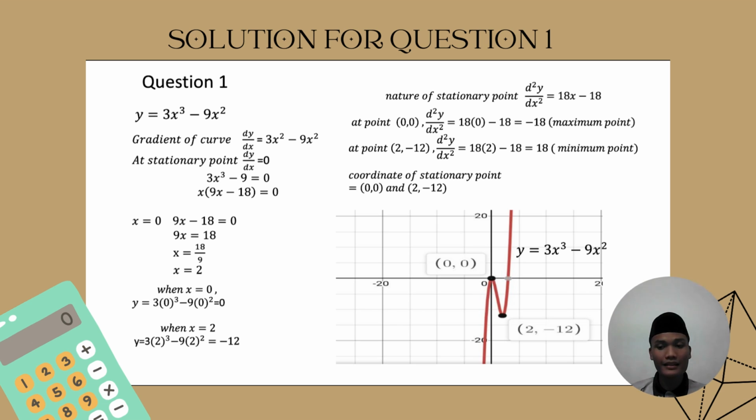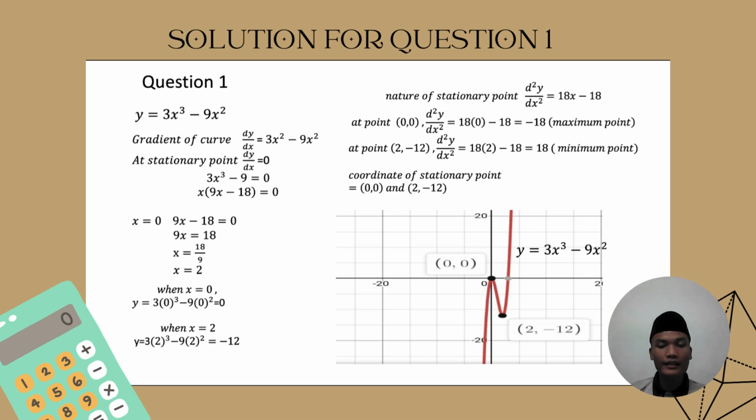And then step 6, you need to find minimum point and maximum point. How do you find minimum point and maximum point? You must use second order equation. The second order equation is d squared y over dx squared equal to 18x minus 18.